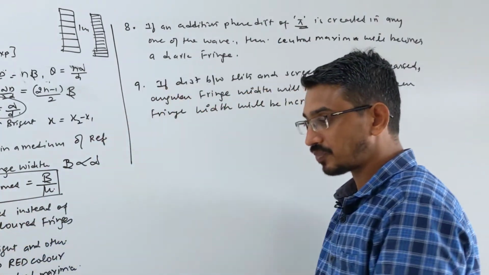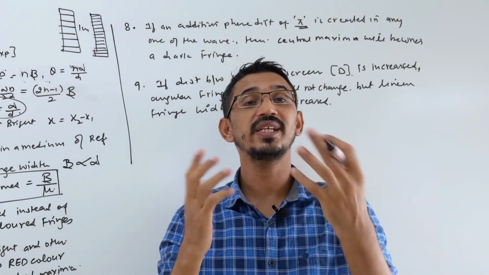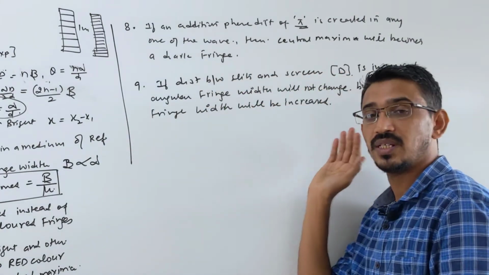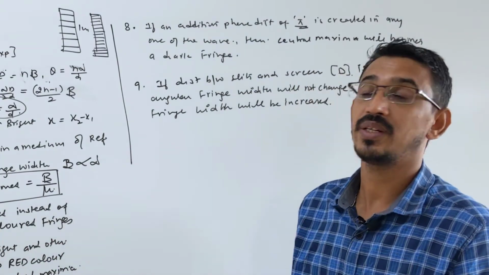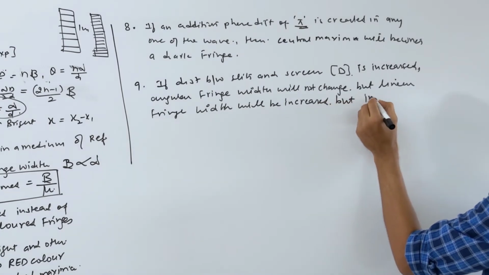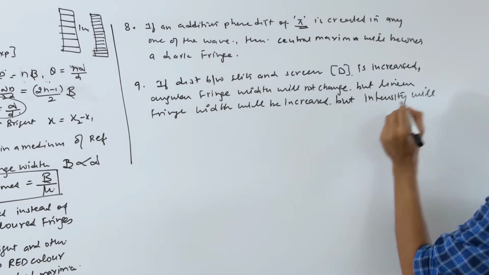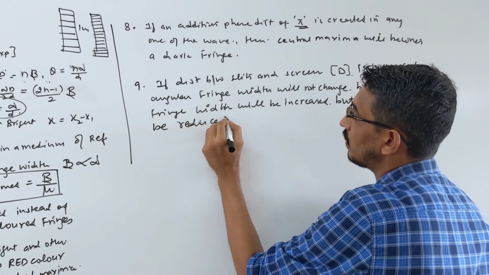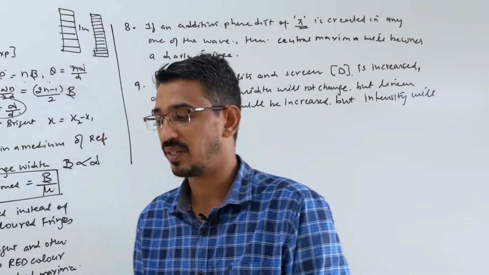Suppose this much is the size of a fringe, now it's increased like this, but the intensity is reduced, because intensity is inversely proportional to distance squared. When the distance between source and screen is increased, the intensity will reduce. So your fringe width will increase, but intensity will be reduced. The clarity between the dark and bright fringes will be reduced. Intensity will reduce.